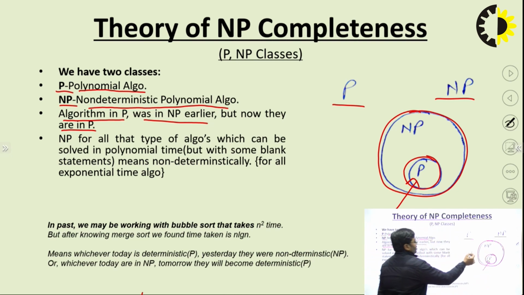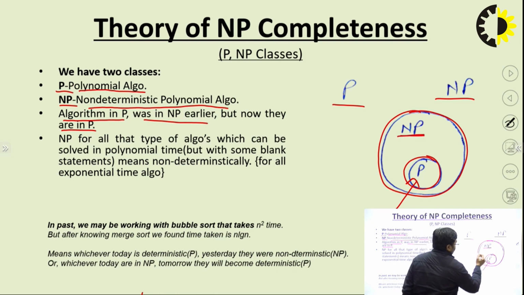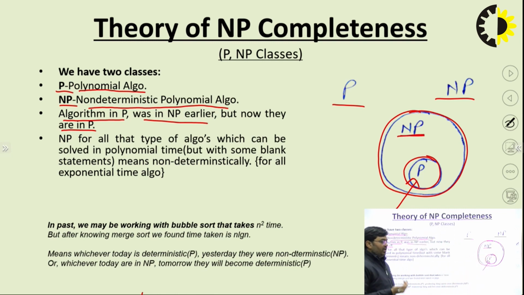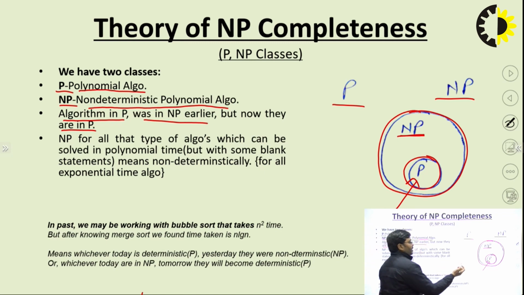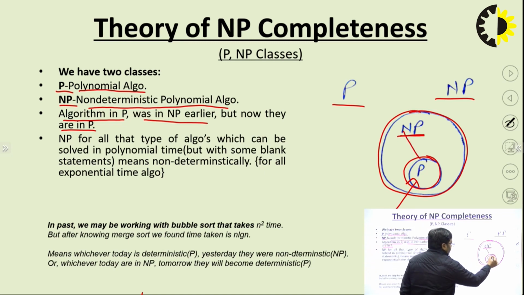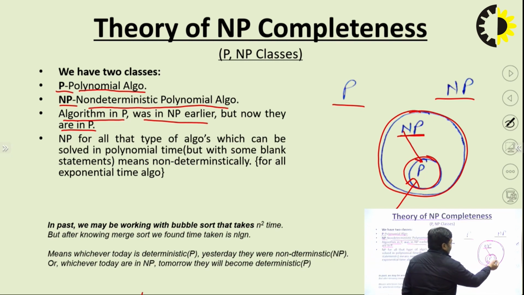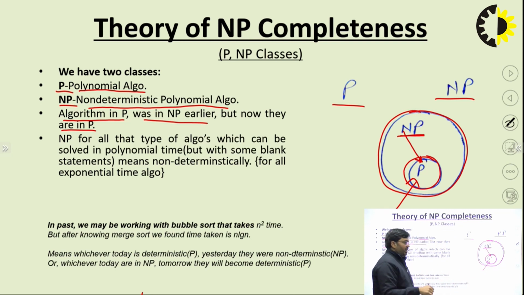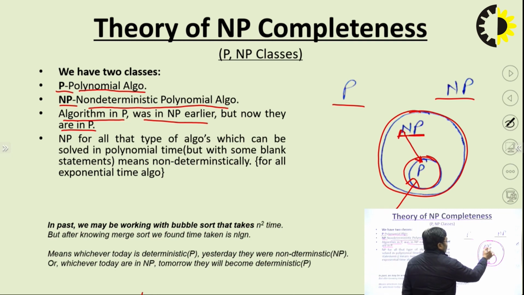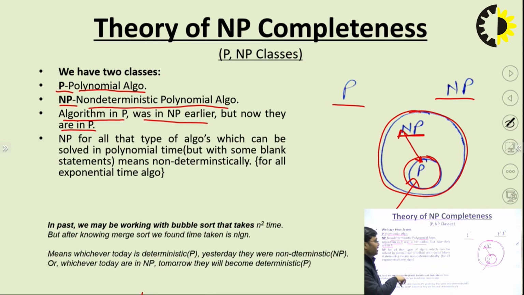Means some algorithms which are non-deterministic, taking polynomial time but non-deterministically, may come in polynomial time deterministically after some time, after some days, some years. Similarly, some algorithms which are taking polynomial time currently were in NP earlier.